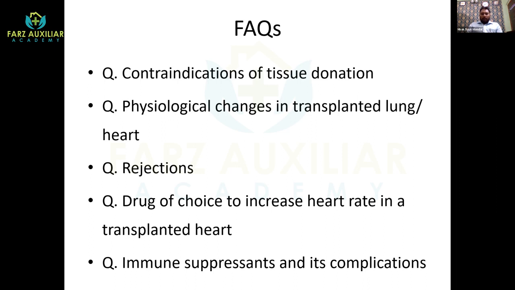Next, what are the different types of rejections? Do you have any idea? In solid organ transplant, there are several kinds of rejections. First is primary non-functioning. Primary non-functioning means when you have done the graft transplant, and the graft is not functioning from the very beginning. You can determine within minutes to hours that your graft is not functioning.